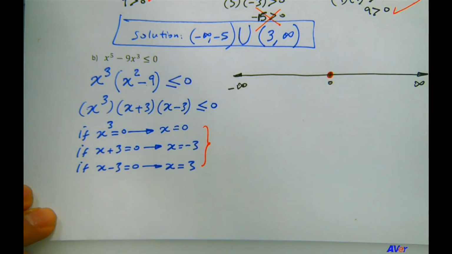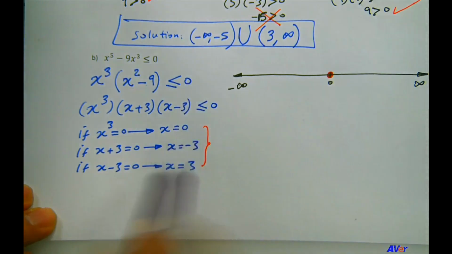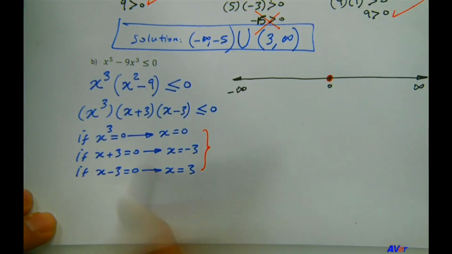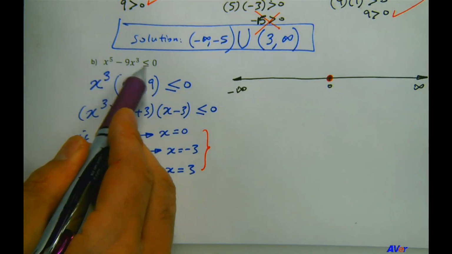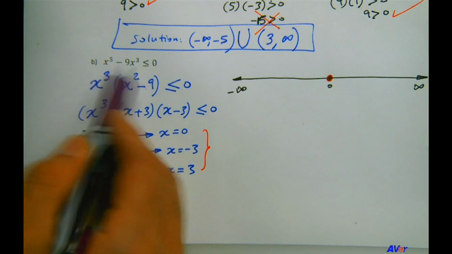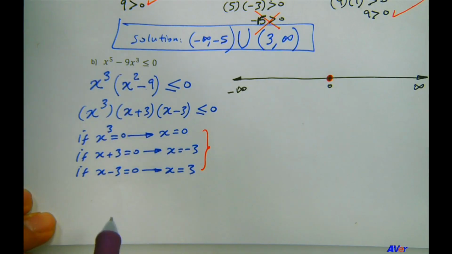By the way, can these values be included as part of the final solution? Yes, they can. Why? Because the left side can be equal to 0. And we know at these values, this polynomial is equal to 0. So these values can be part of the solution.